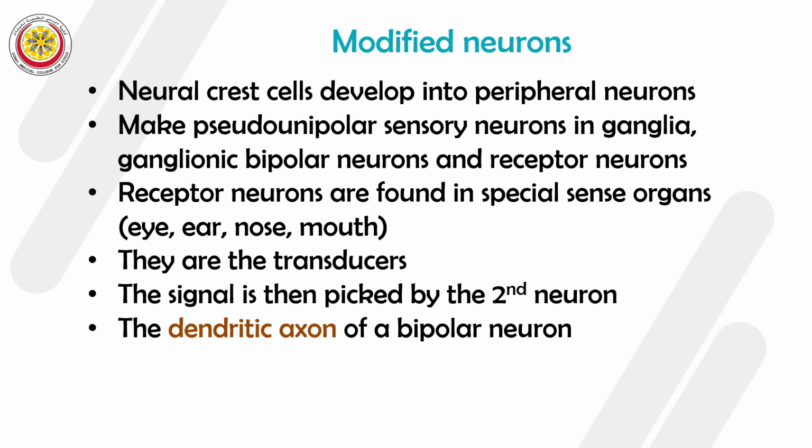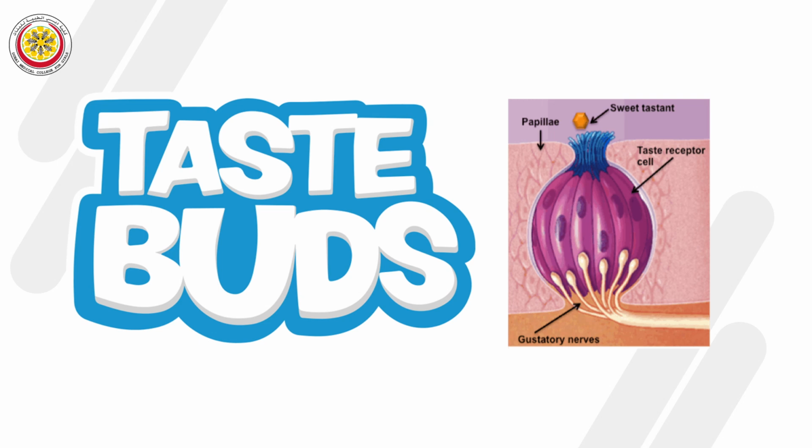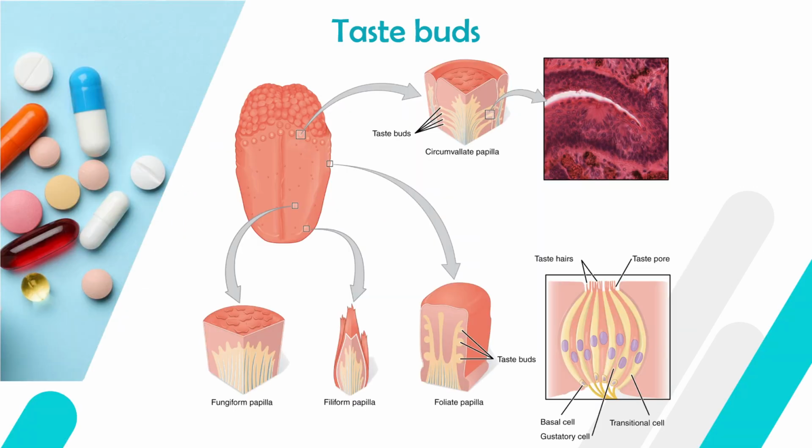So the electric signal is picked up by this dendritic axon. Example, as we said, taste buds. But as you can see in the detailed diagram, there are taste buds and there are other cells. So these are the modified neurons, and these are the dendritic axons coming from another cell.